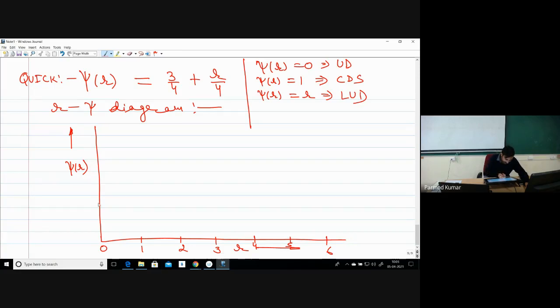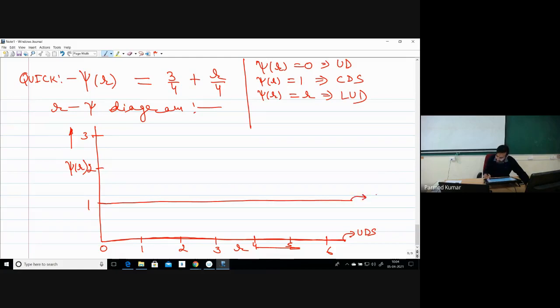And here also I will be having some 1, 2, 3, something like this. Now can you tell me psi R equal to 0 is nothing but this line over here. Okay. So it means this line corresponds to our upwind differential scheme. Then I will be having one another line psi R equal to 1. So psi R equal to 1 is this line.